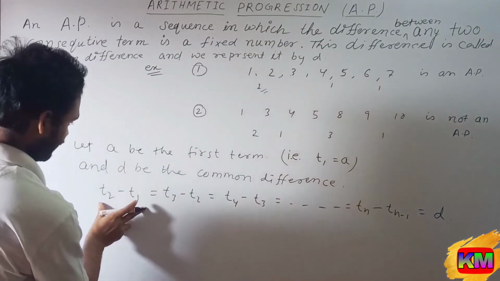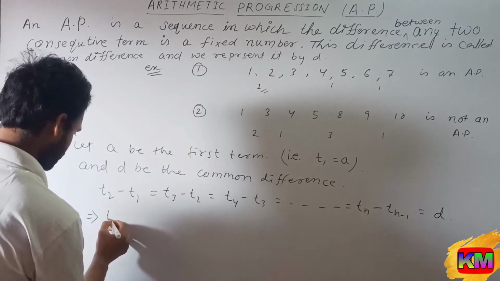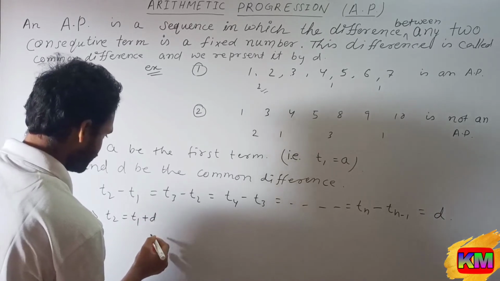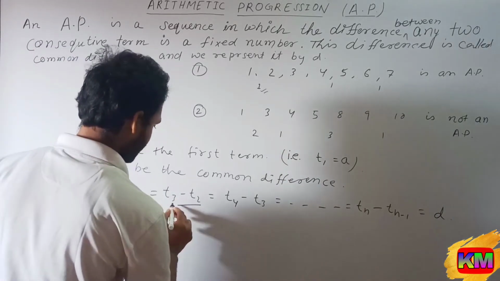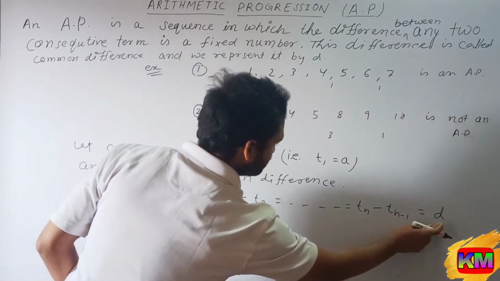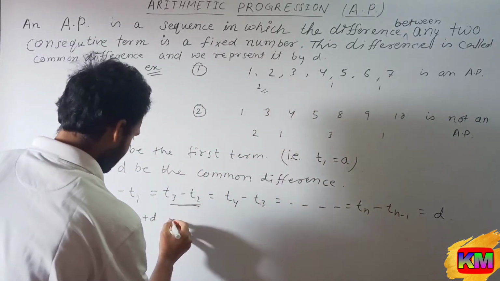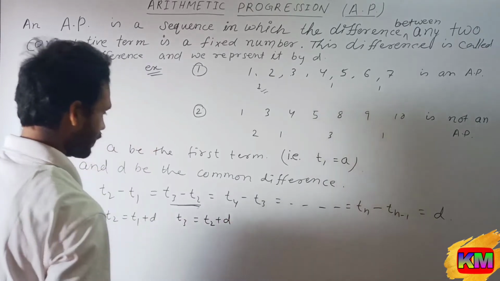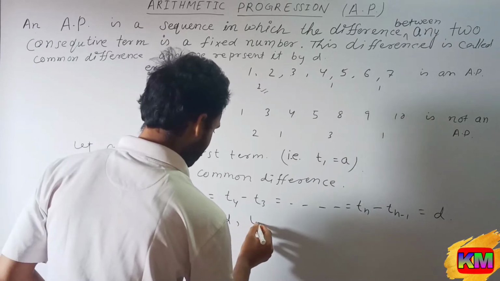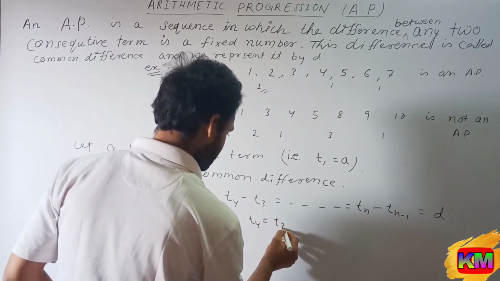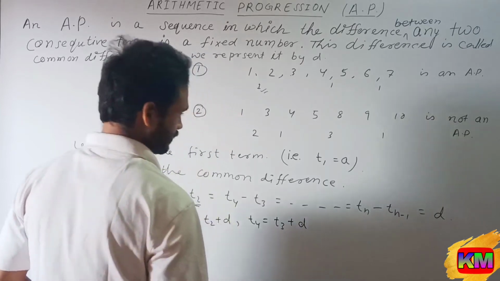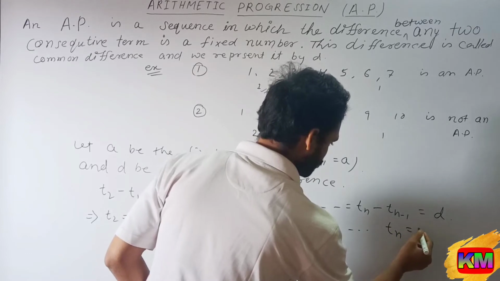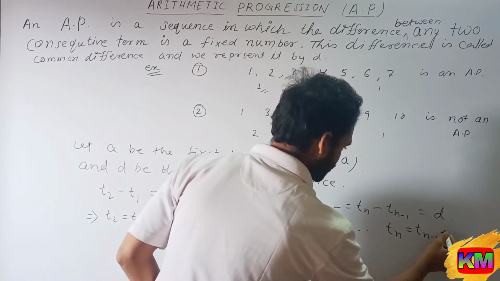From here we can write T2 equals T1 plus d. If we equate T3 minus T2 equals d, then T3 equals T2 plus d. Similarly, T4 equals T3 plus d, and so on. The last term will be Tn equals Tn minus 1 plus d.